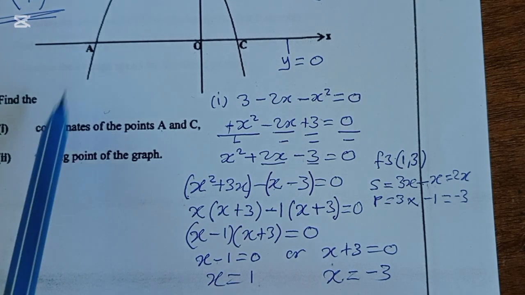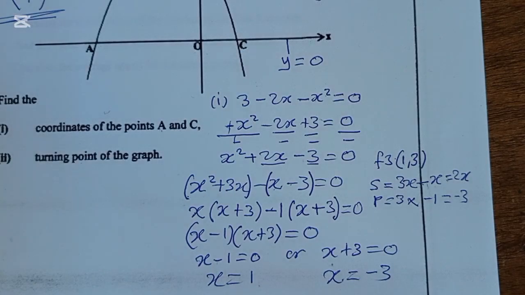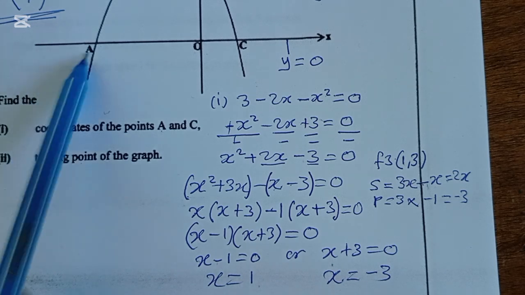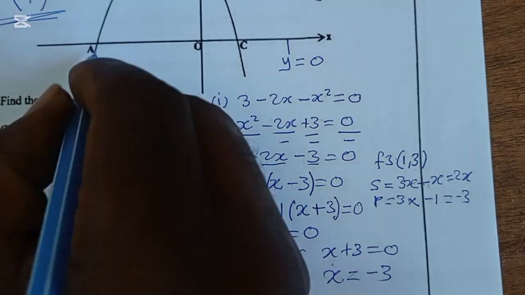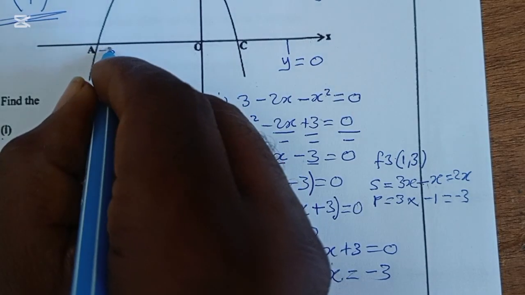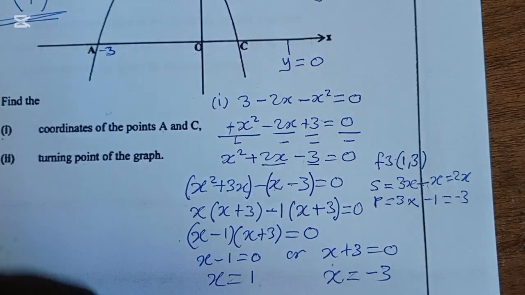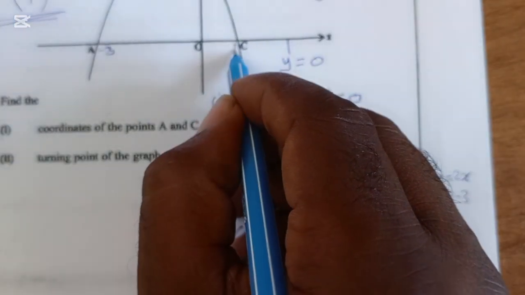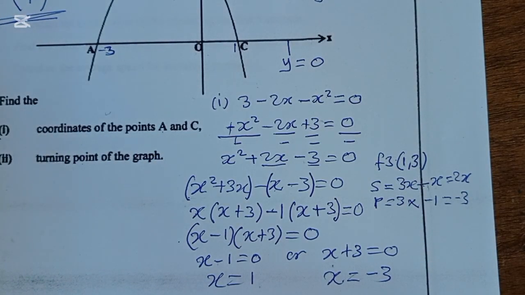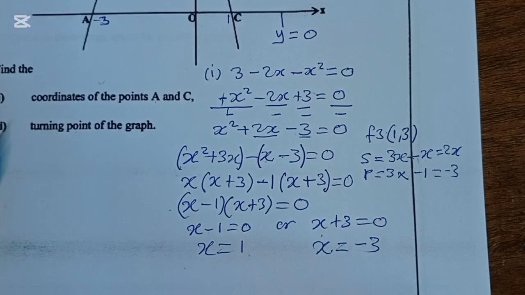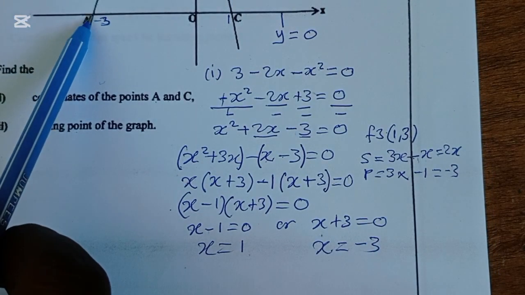So we are going to check where there is A and B, which one can be negative and which one can be positive. So C is positive 1. A is negative 3. So this is negative 3, and this is positive 1. So we are looking for the coordinates now. So the coordinates of A and B are, here, this is negative 3, 0.